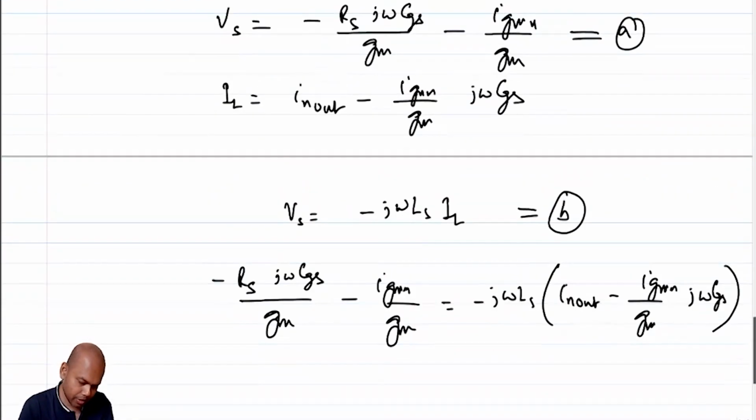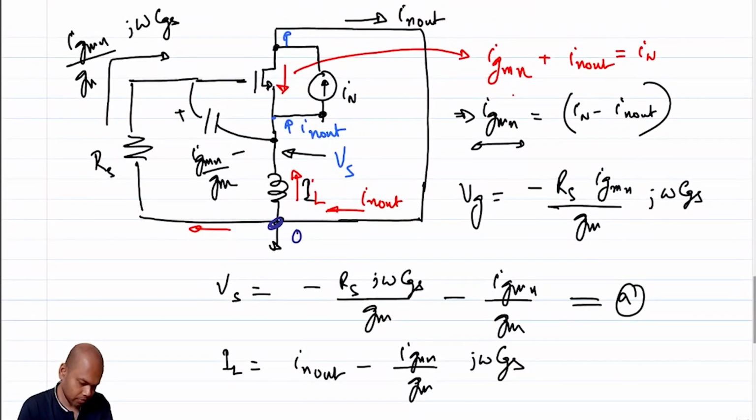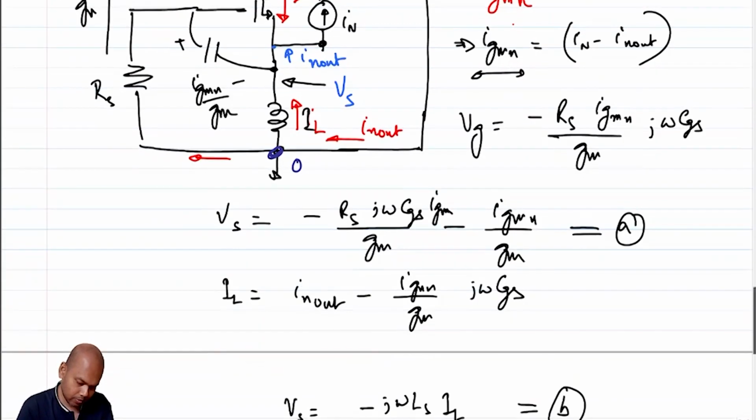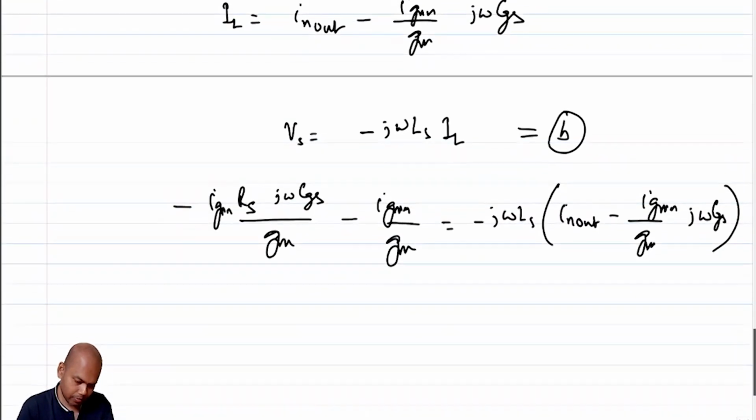So I will get all the GM and IGMN together. I think I missed something. Here I missed IGMN, right? So this should be IGMN. Minus IGMN. Okay.